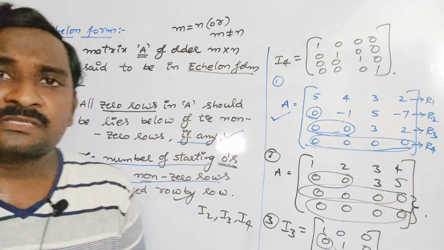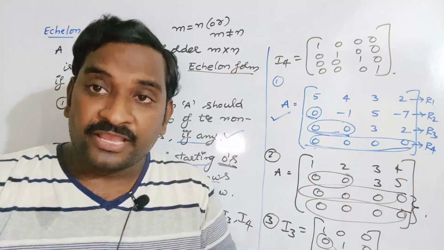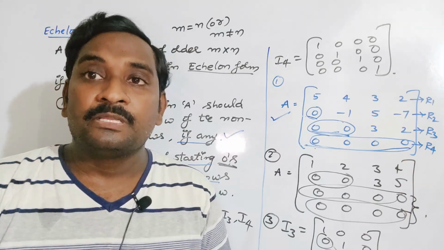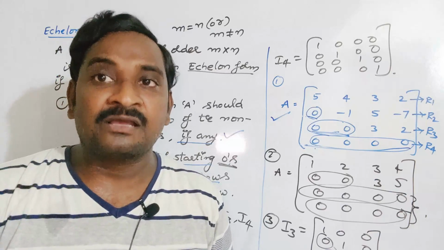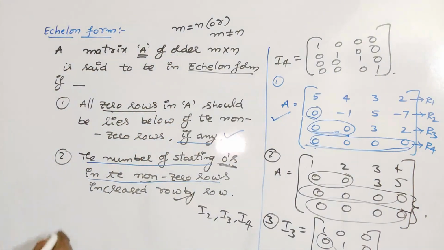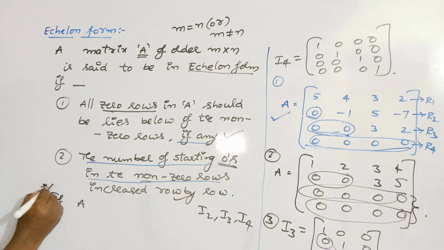Now what is the purpose of echelon form? If capital A is in echelon form, just by eye contact we can easily tell what its rank is. If A is in echelon form, then what is the rank? This is a very important point.